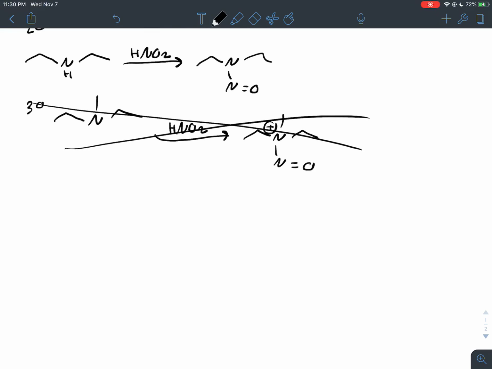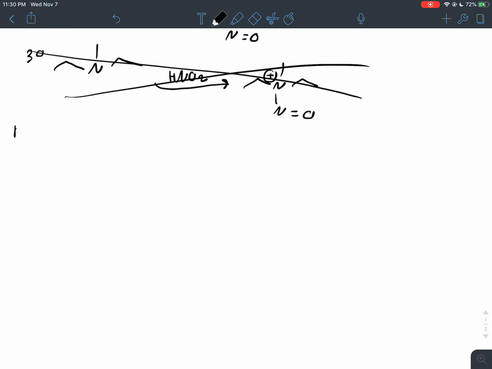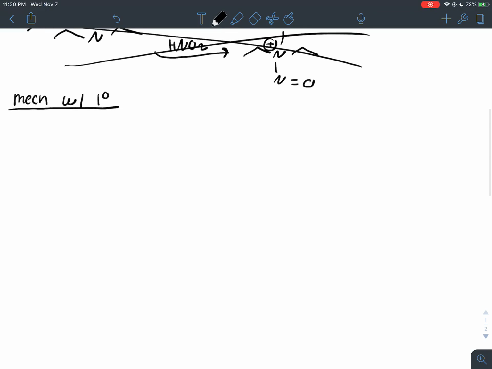So let's talk about the mechanism of formation with primary amines. We know that in solution NaNO2 forms nitrous acid, which further reacts with HCl.